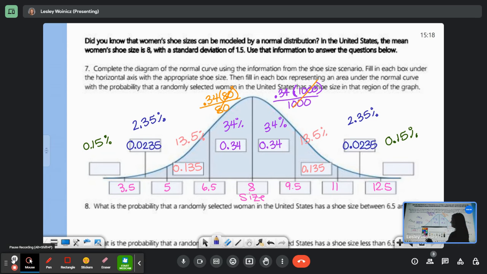And then last, 2 zeros after the decimal point: 0.0015. Okay, so far so good?